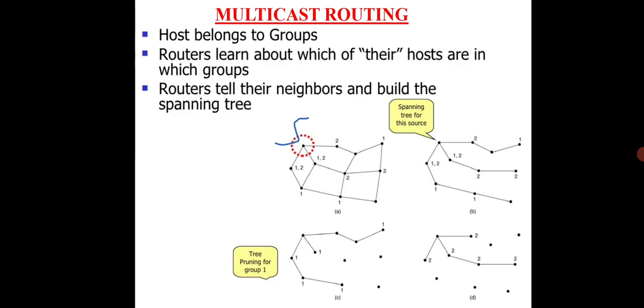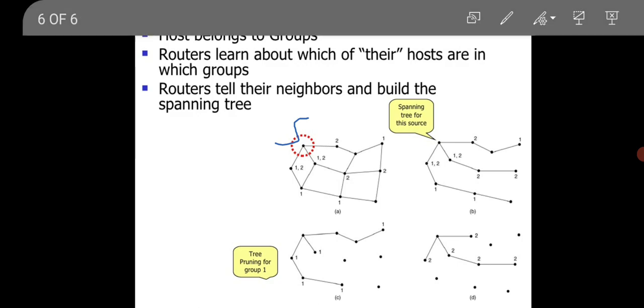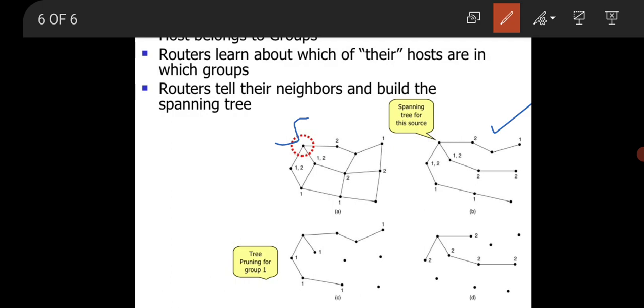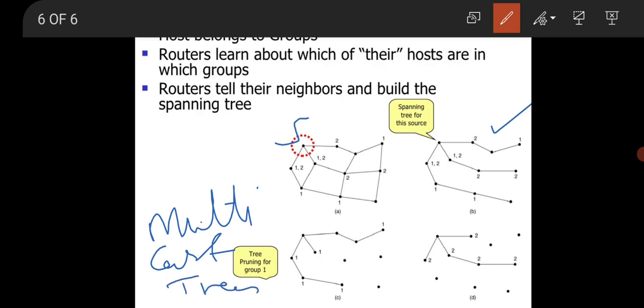Your spanning tree will look like this. Now, using this spanning tree we draw something called multicast trees. This is the multicast tree for group 1, and the multicast tree for group 2.